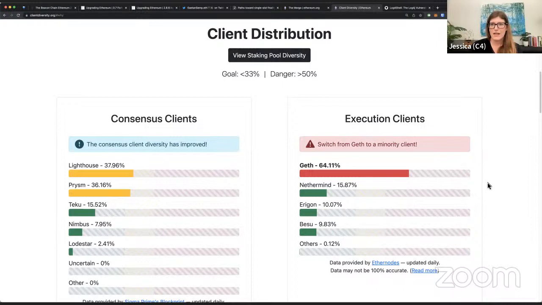Did we explain why? I think we gave a few concerns about it. Was there anything that we didn't cover about why this is problematic? Because obviously one of our goals for this live stream is that we want people to recognize how important this diversity is, and that if you know someone who's running a node, or you are, these are things to think about to make sure that you're doing the right thing for the community.